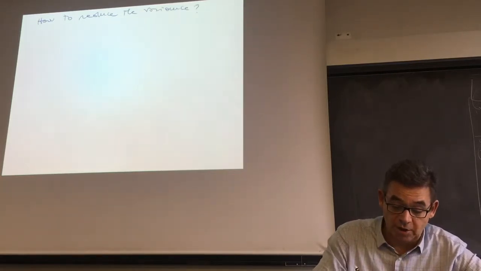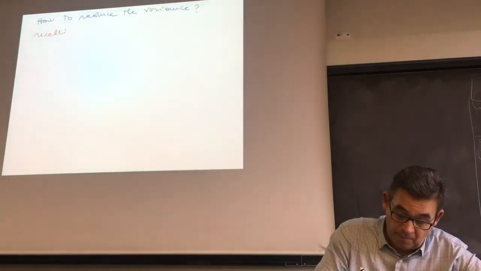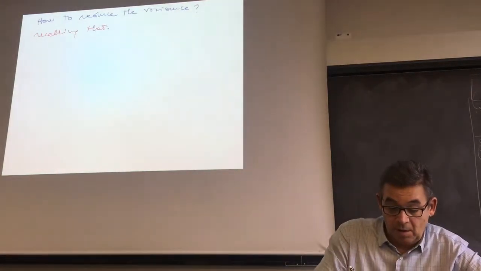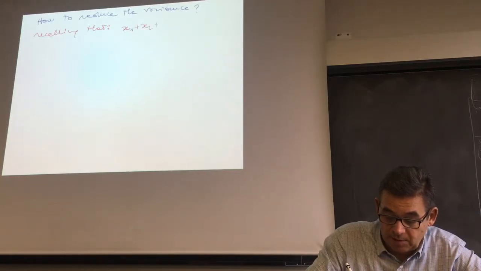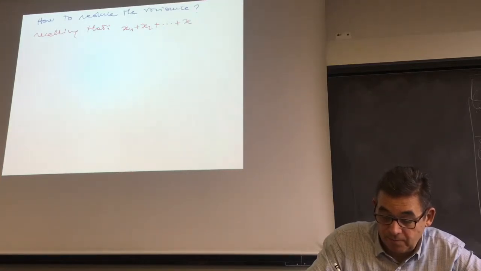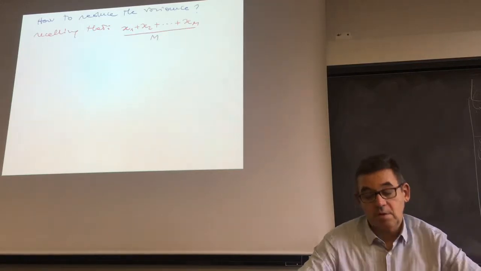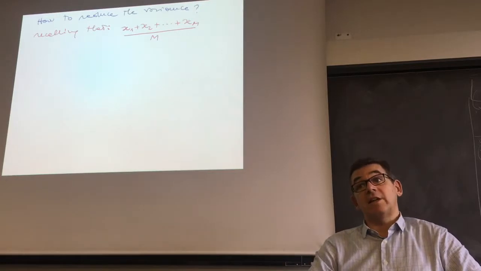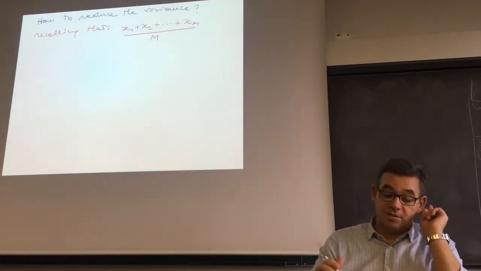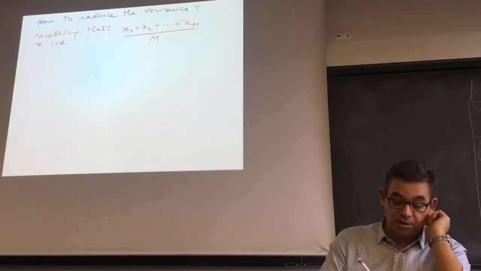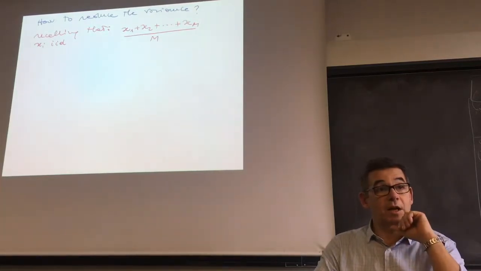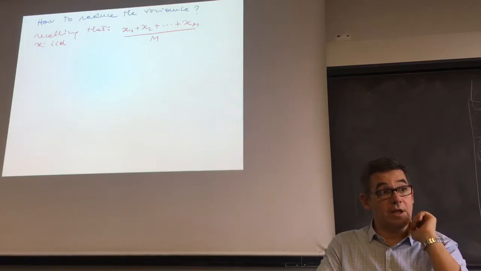Recalling this property, if I calculate x1 plus x2 plus and so on up to xn, the mean of a set of random variables, such that these random variables xi are independent and identically distributed, which means they are statistically independent and also identically distributed.